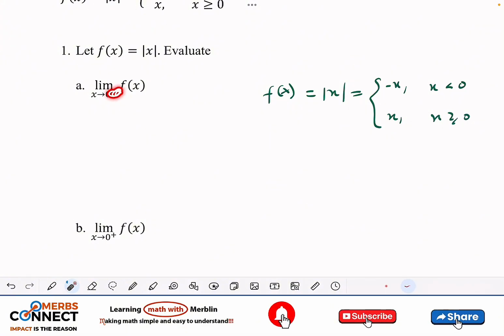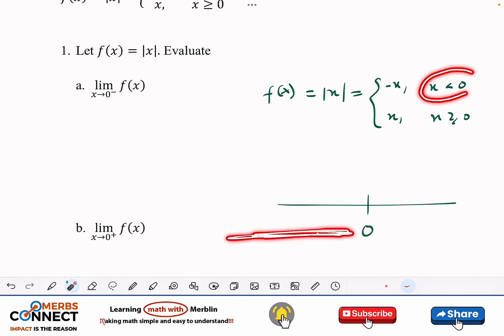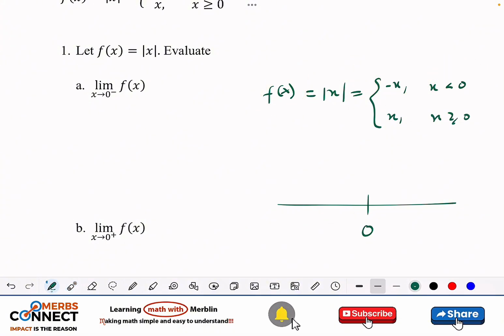So coming from the negative means that all the x values are less than 0. So I have my normal line, I have 0. So this negative is telling us that we are coming from the negative. And all the values here are less than 0. And the function that we need to use for f of x is minus x. So this is going to give us the limit as x is approaching 0 from the negative of minus x. Right? So that's what we are going to get.